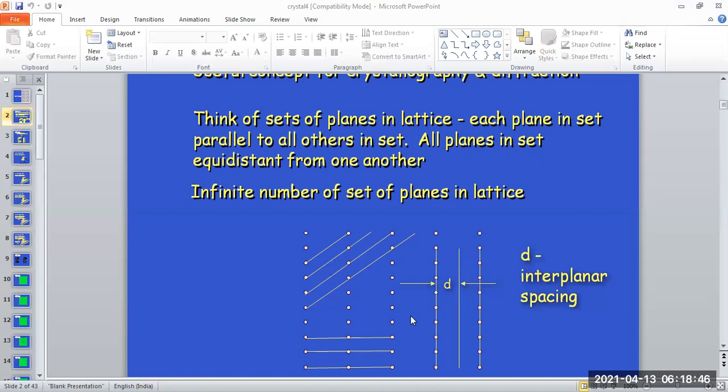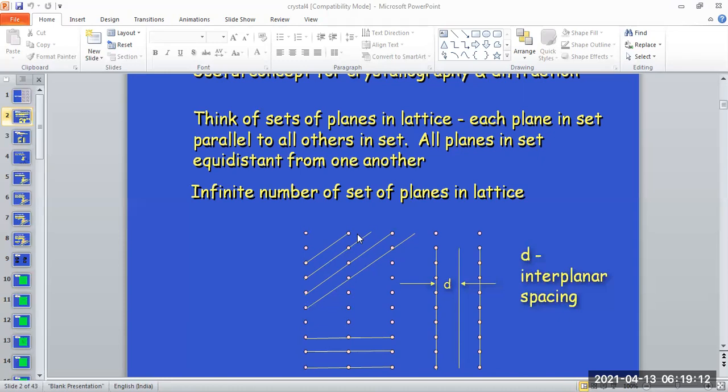We imagine that the atoms, ions, and molecules residing in the crystal are in a sequential order. How can we say that? By imagining these points, which designate the sequential arrangement of the constituent particles residing in the crystal.